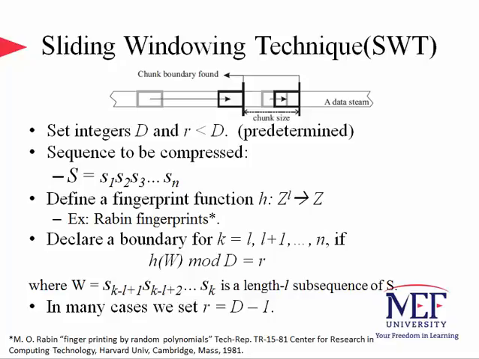In most practical cases, people choose r to be equal to d minus 1. However, these selections are quite application dependent, and what's important is that sliding a window, computing a number, and checking if it equals some predefined number are the sub-operations of the boundary detection problem. At the end of this procedure, we will have variable size chunks defined by the chunk boundaries.